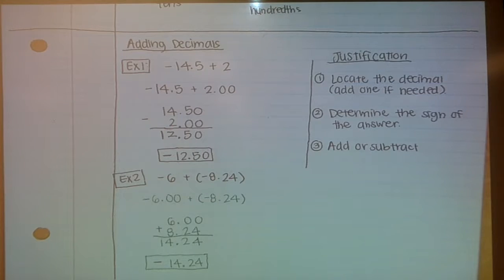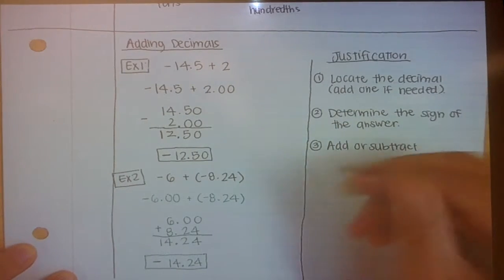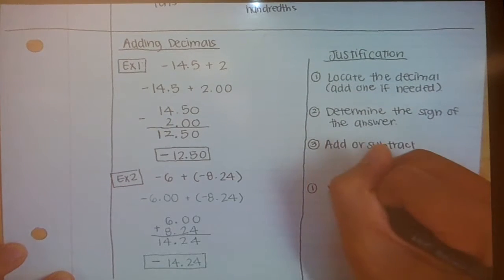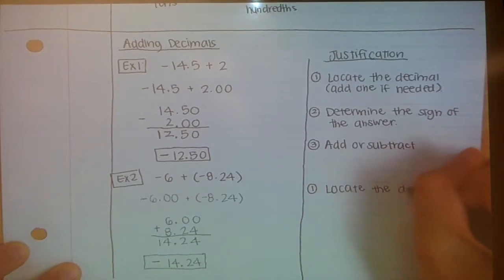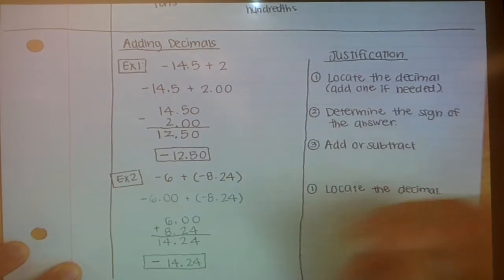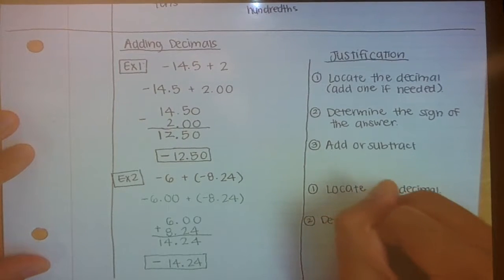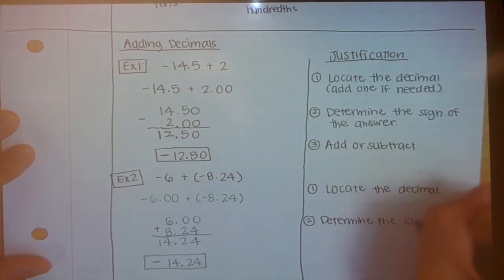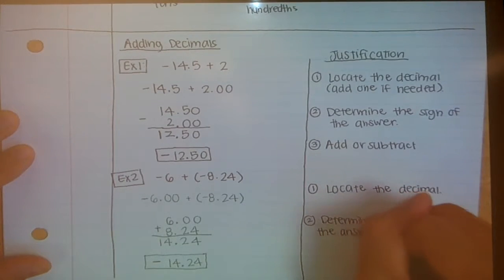Check your paper to see if you have these steps. We're going to write the justification. And if you got something wrong, please fix it on your paper. So first, we locate the decimal. Second, we determine the sign of the answer. And we do this using our foldable.